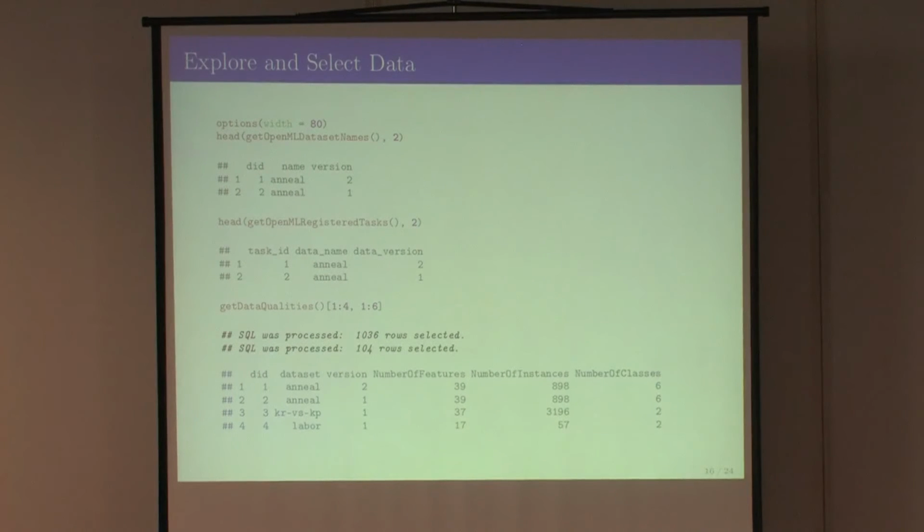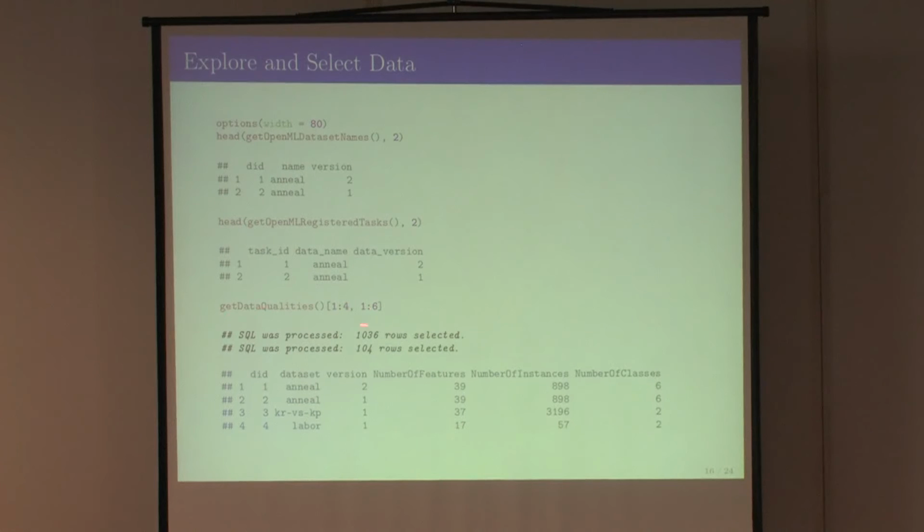This is how it looks if you want to explore a data set. So you can ask, well, please server, tell me what are the OpenML data sets. You see here the name of the data set, the ID, and the version number. You can ask, well, what are the registered tasks? You can see the IDs of the tasks, the names of the data sets associated, and again, the version.